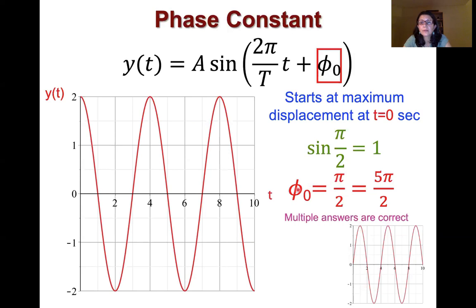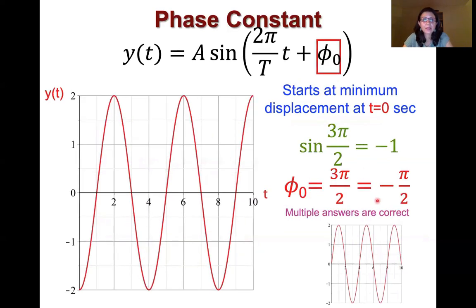So phi naught being pi over 2 or 5 pi over 2, which is just pi over 2 plus 2 pi, those are identical. So there are an infinite number of identical values for phi naught, although mathematically, to make your function look nice, you normally choose the one closest to 0. So pi over 2 is a little bit nicer looking than 5 pi over 2.